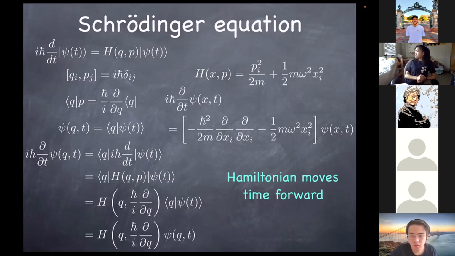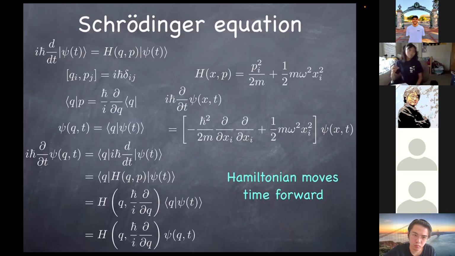It turns out that changing Q to a more general variable is always given by some kind of unitary transformation. So when Q and P satisfy this canonical commutation relation for a given set of coordinates, then the new set of coordinates, let's say Q prime and P prime, is unitary equivalent to the original Q and P. That's how a general coordinate transformation in classical mechanics becomes a unitary transformation in quantum mechanics.